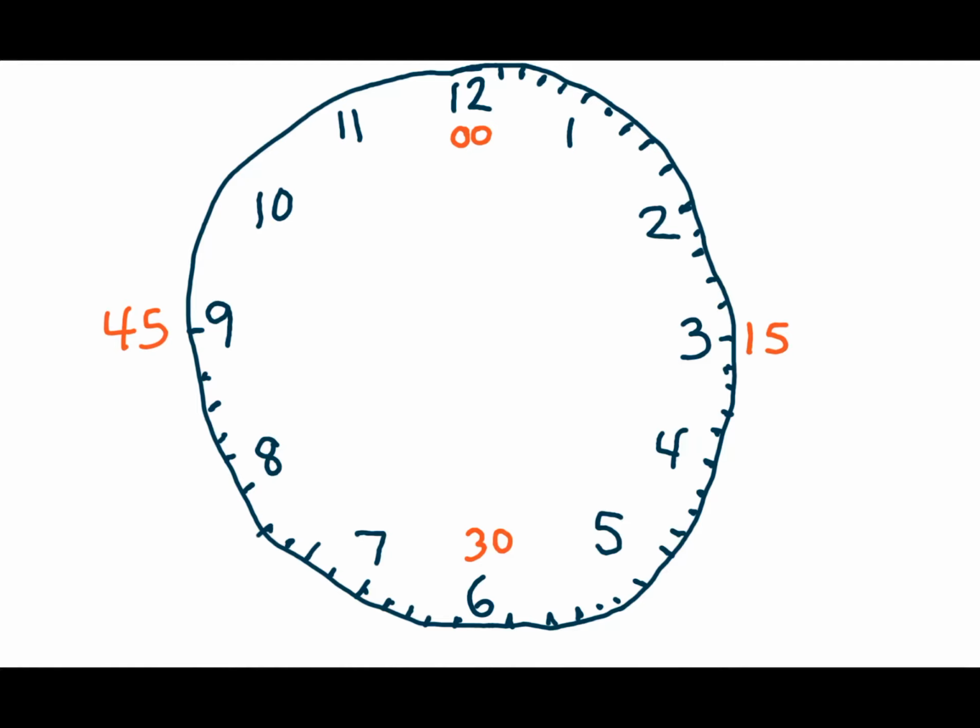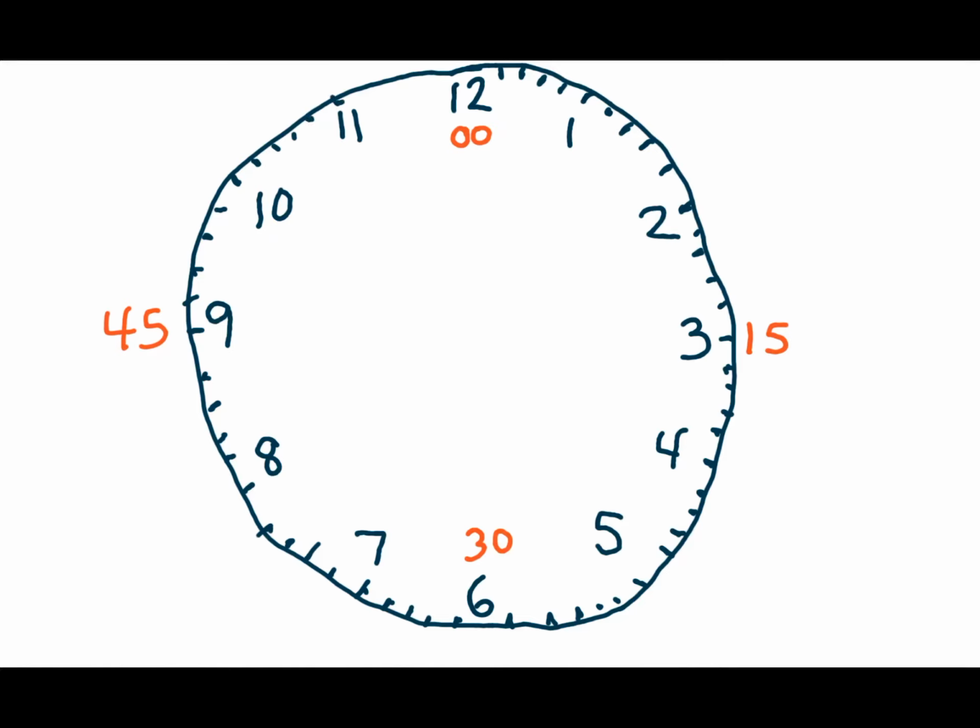Okay, boys and girls, let's go ahead and continue counting. We're at 45. The 9 is 45, so here's 46, 47, 48, 49, 50. When we're at the 10, boys and girls, it is 50 minutes. 51, 52, 53, 54, 55.